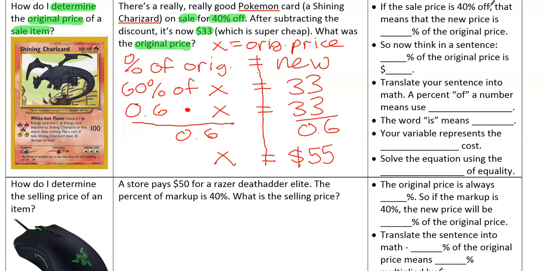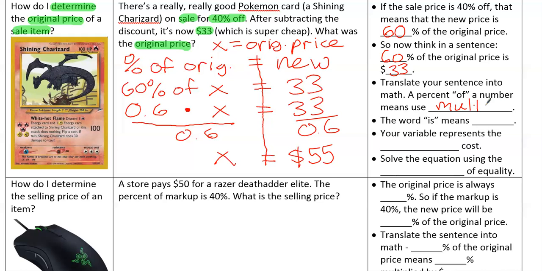If the sale price is 40% off, that means that the new price is blank percent of the original price. Well, if it's 40% off, it must be 60% of the original price. So now think in a sentence. 60% of the original price is $33. Translate your sentence into math. A percent of a number means use multiplication.